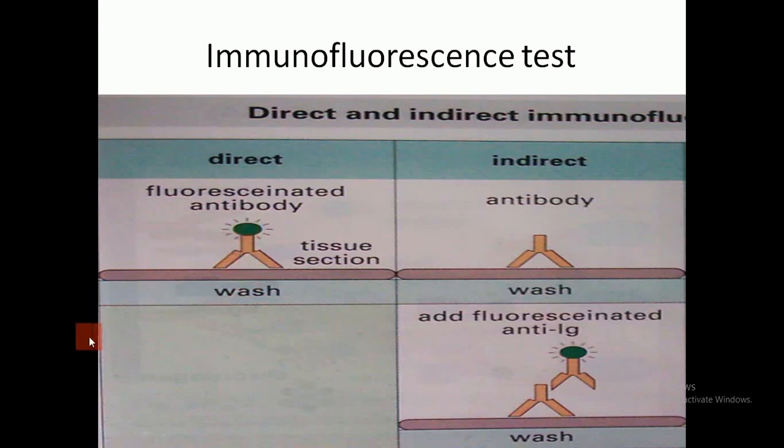Then we add the conjugate, which is the antibody labeled with fluorescent material, and examine it under the fluorescent microscope. This is used to detect autoimmune diseases like glomerulonephritis or pemphigus vulgaris, which is an autoimmune disease of the skin characterized by blisters filled with fluid.